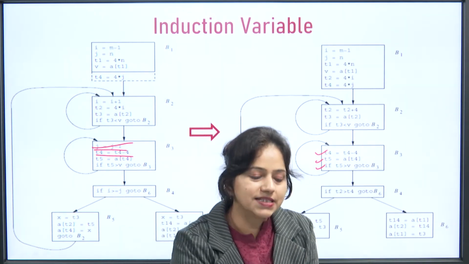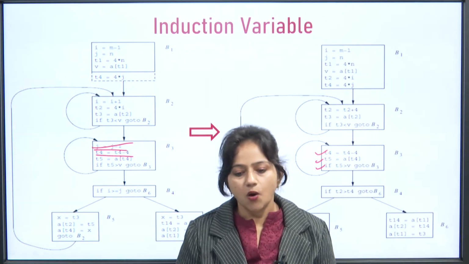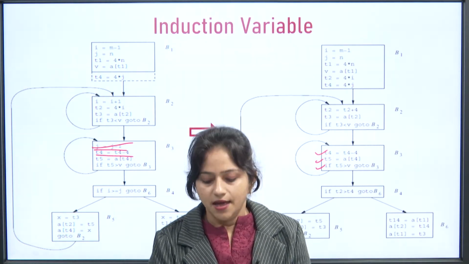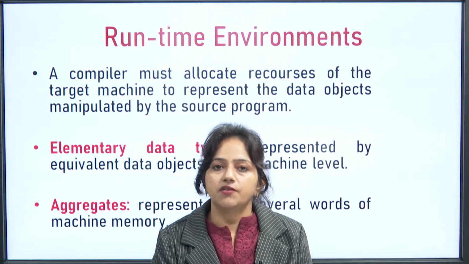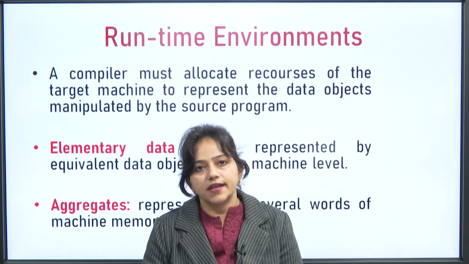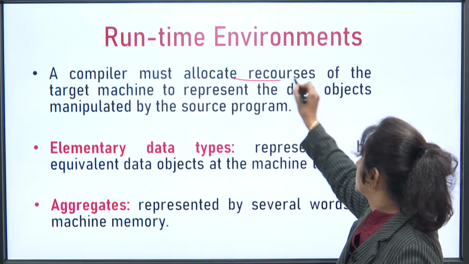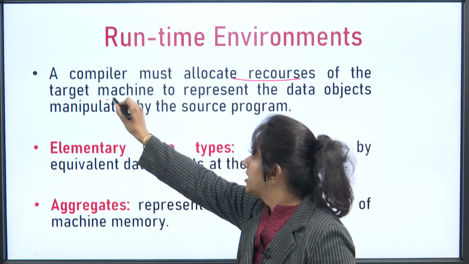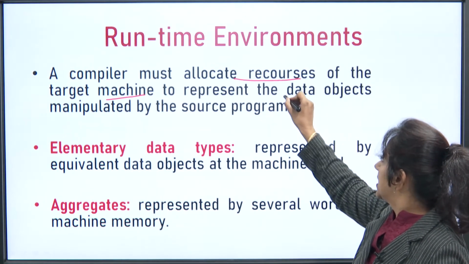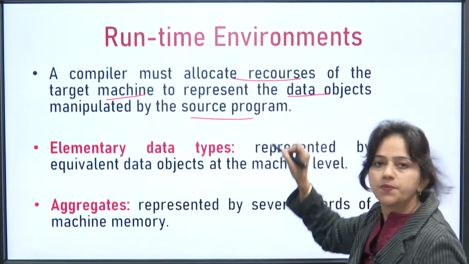So, this completes our machine independent optimization techniques. Now, we will discuss the next topic, that is runtime environments. As far as compilation is concerned, during compilation the compiler must allocate resources of the target machine to represent the data objects that are manipulated by the source program.